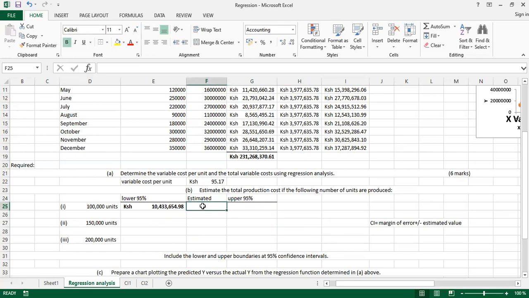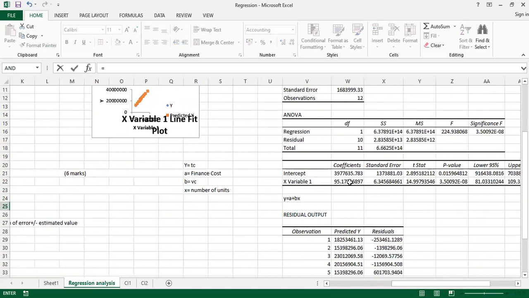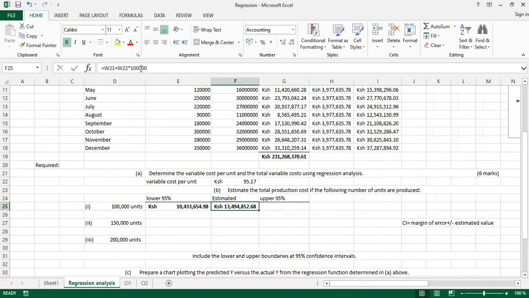So the expected here equals, you come here, this is our A. So A plus B times 100, the number of units. Control backspace to jump to the active cell. So this one is the estimated one.